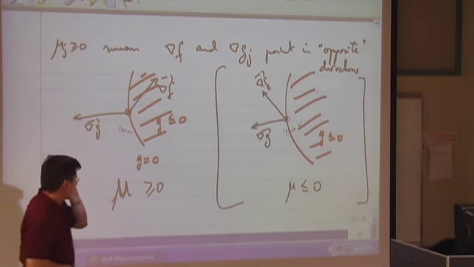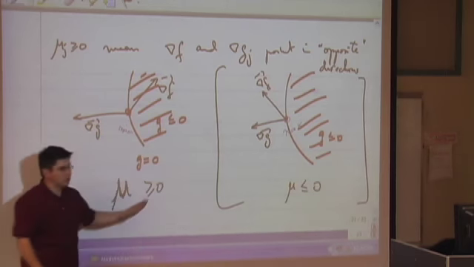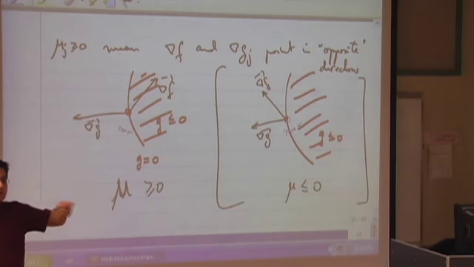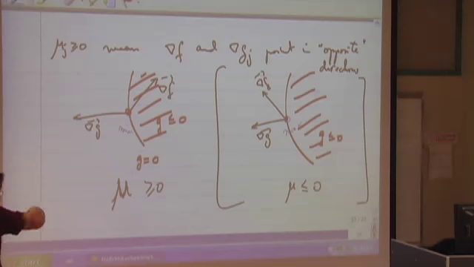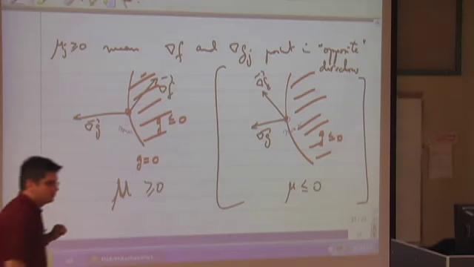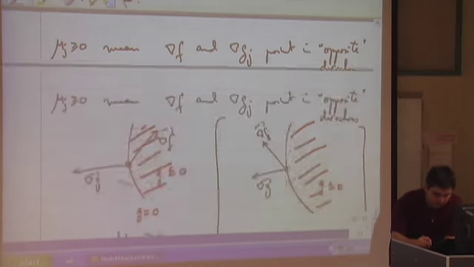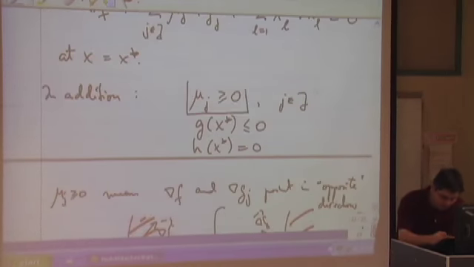So a minimization problem corresponds to the Lagrange multipliers that come from the inequality constraints that are binding being positive. Okay? So that's why we have this.